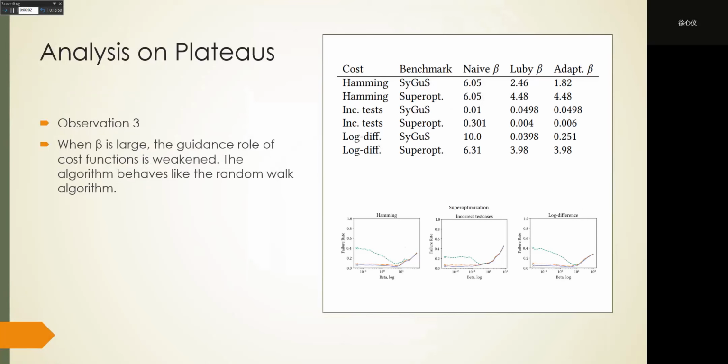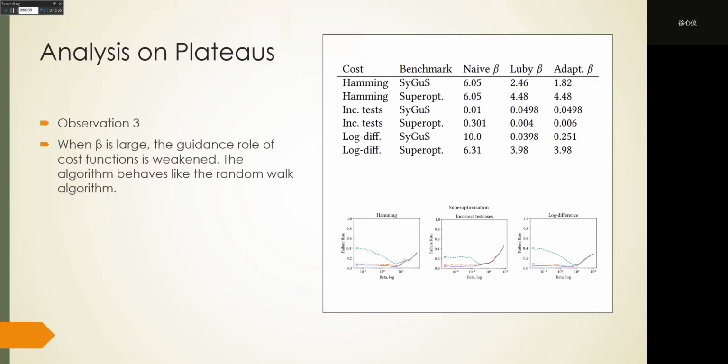And second is that when beta is large, then the Gaussian row of the cost function is vacant. That is because the probability of acceptance is high, and the algorithm will behave just like the random walk algorithm, like the function the algorithm used in the early Google.